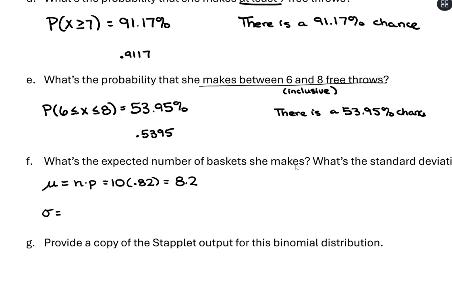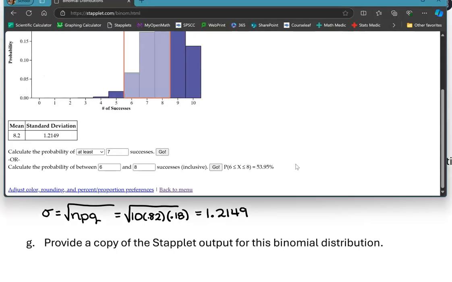And standard deviation comes from the square root of n times p times q, which would be the square root of 10 times 0.82 times 1 minus 0.82, which is a 0.18. And then we would put that in a calculator and we should get out a 1.2149. So that's how we would calculate it by hand, but just notice it also is provided right there in Stapplet.